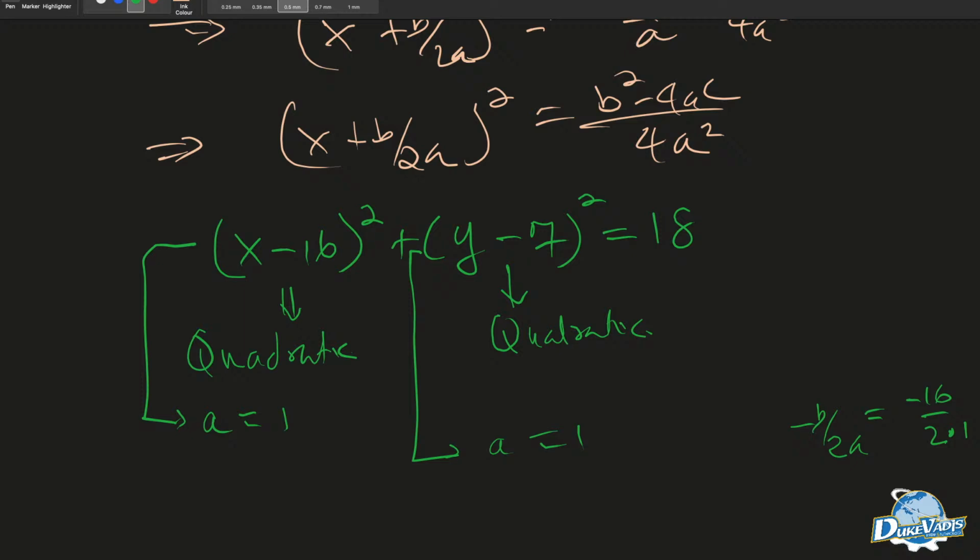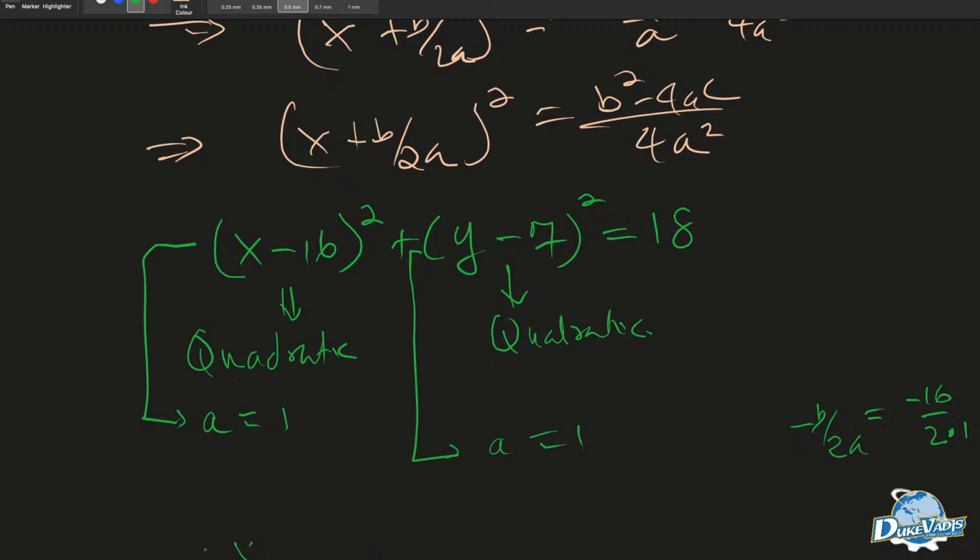So for this one it will be x, we divide by 2a, and minus that. When we expand that, we add negative b over 2a to both sides.